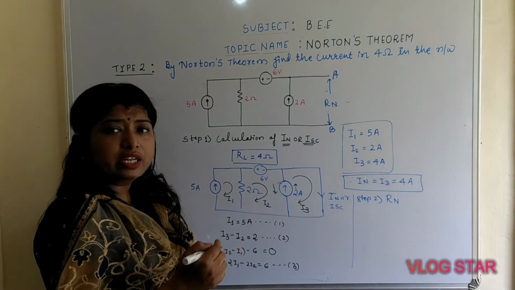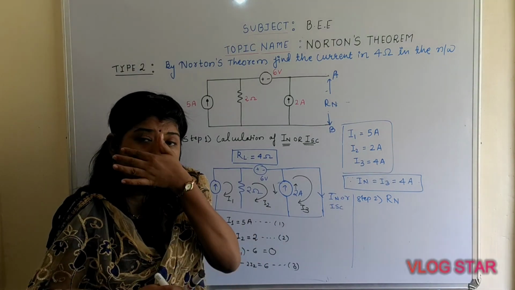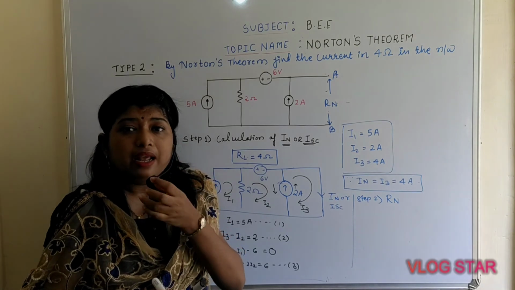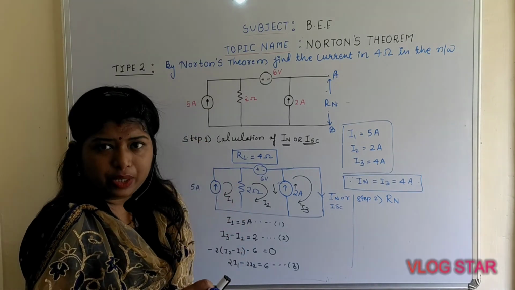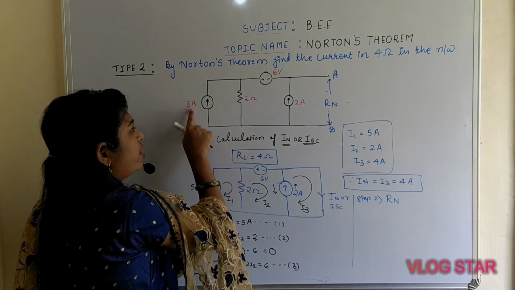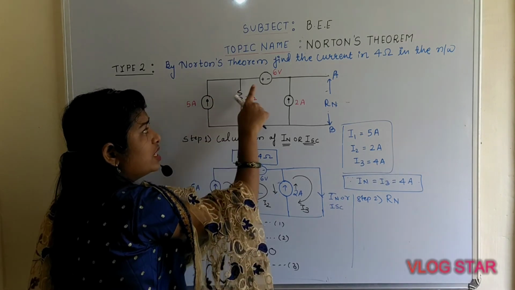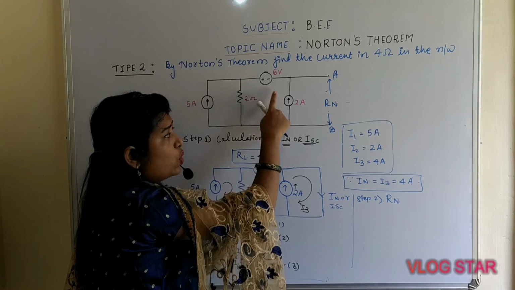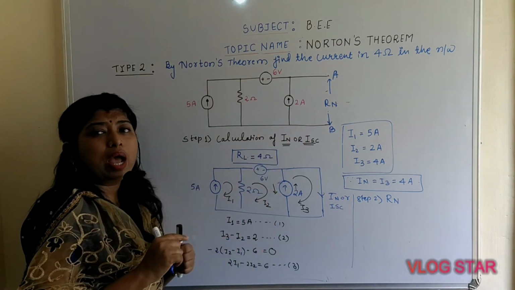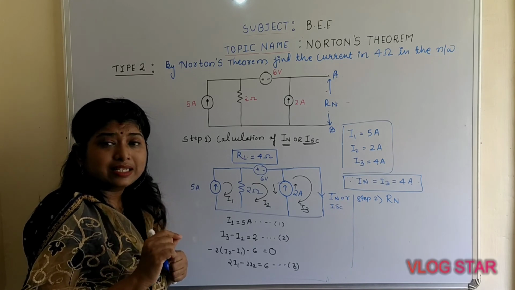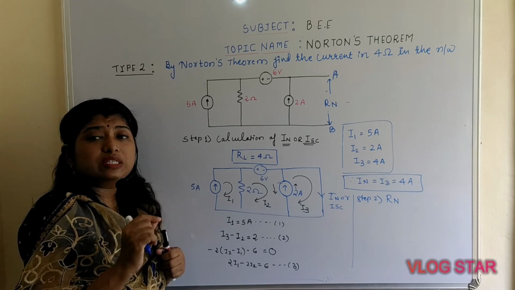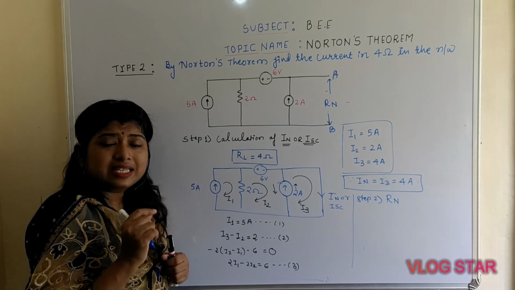So what is the next procedure? You have to identify the sources in this circuit. How many sources are there? There are 3 sources in the circuit. The first one is the 5 ampere source, second is the 6 volt source, and the third one is the 2 ampere source. To calculate Norton equivalent resistance, you have to replace sources by their internal resistances.